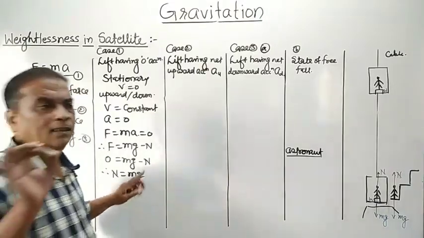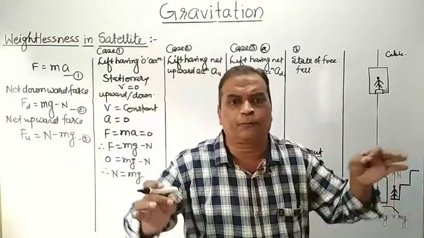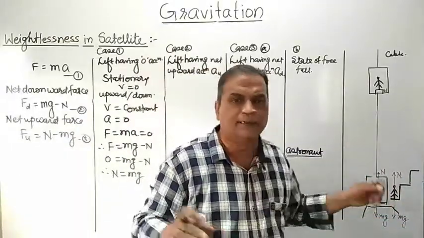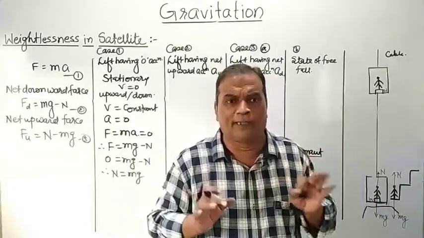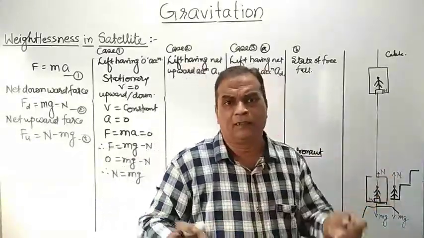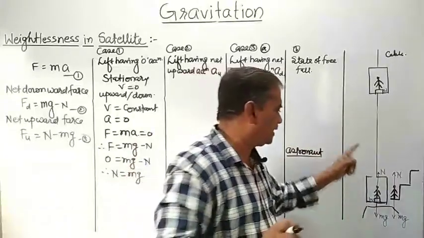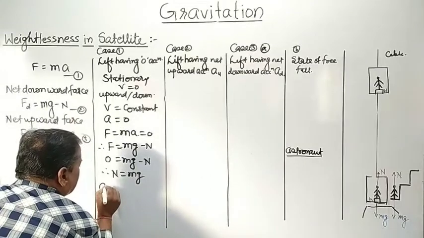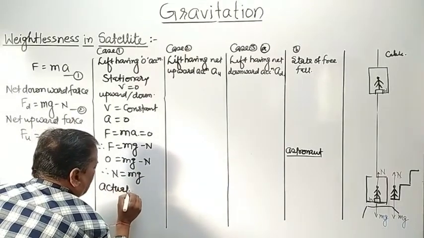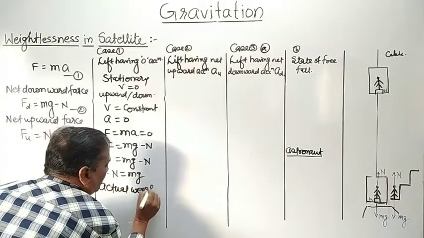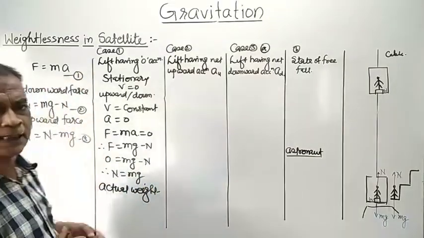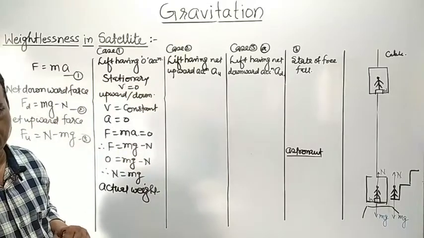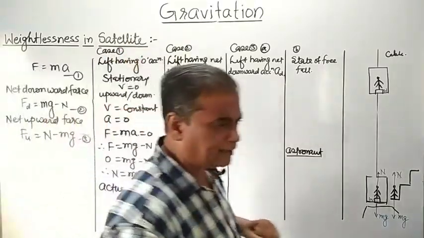Under this condition, the passenger feels his normal weight, meaning the weighing machine will measure the weight which is equal to the actual weight of the passenger. The condition required is that the lift must have zero acceleration.